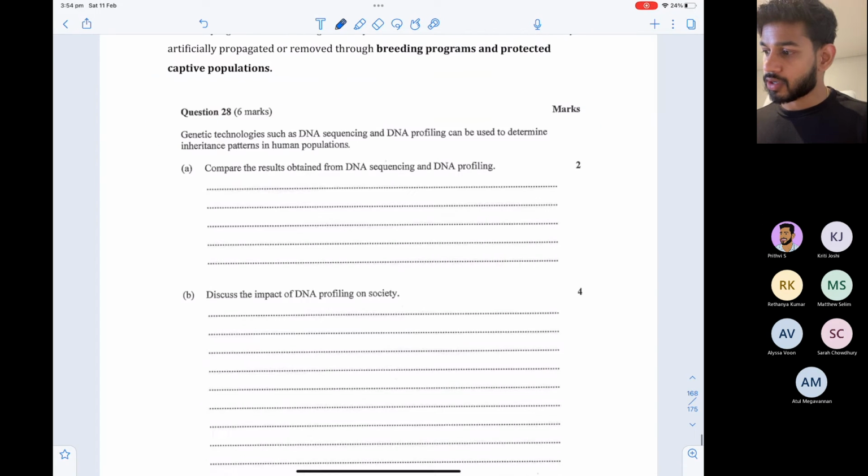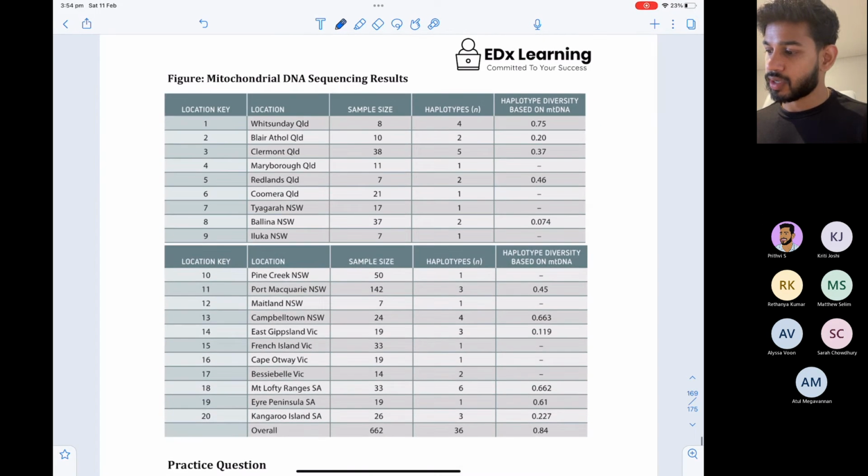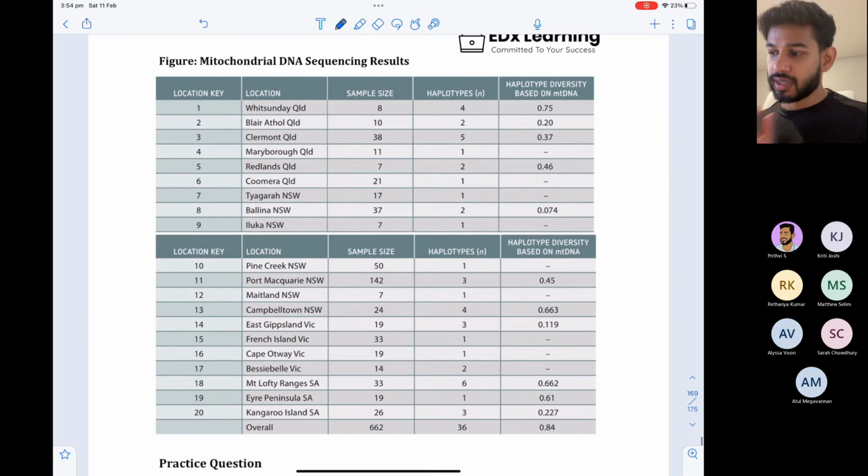Okay, and in terms of example, have a look at this and tell me, right? So this is haplotype diversity, giving it to you as a point, but I want you to look at the numbers, okay?